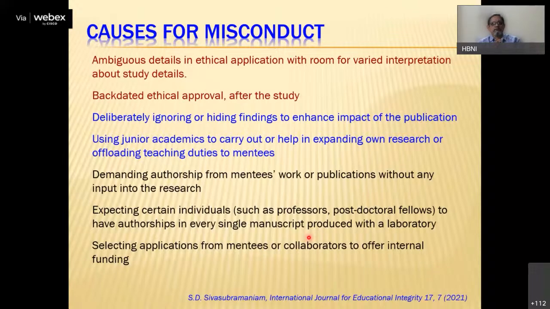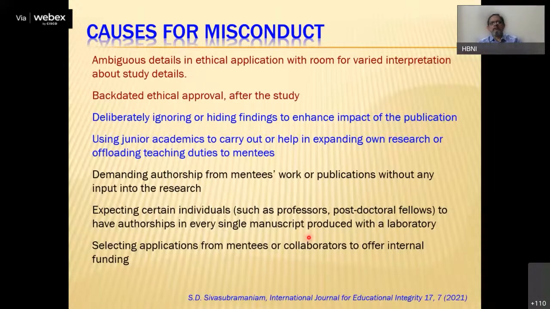But since these applications are quite tedious, what people do is they take the same sample and then repeat it in several other studies also, citing the original ethics committee clearance. Okay. Then sometimes it can also happen that an ethics committee approval is sought after the particular study has been performed.